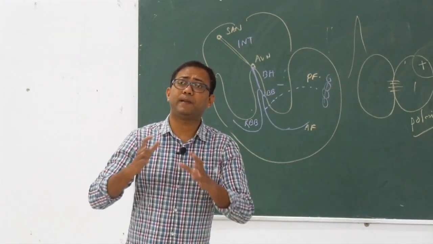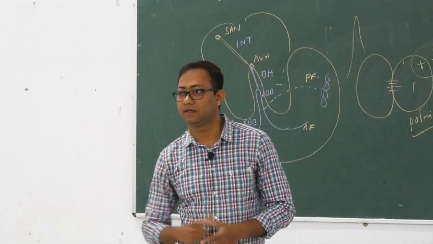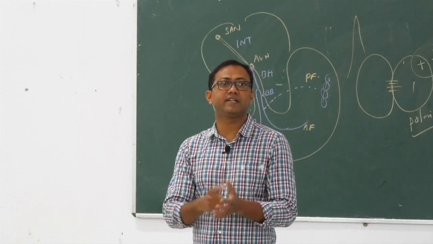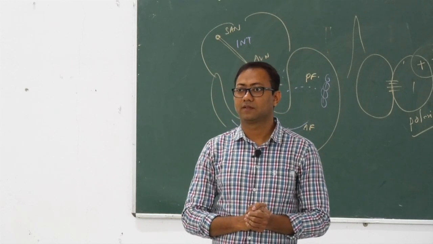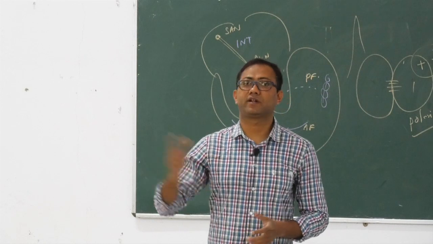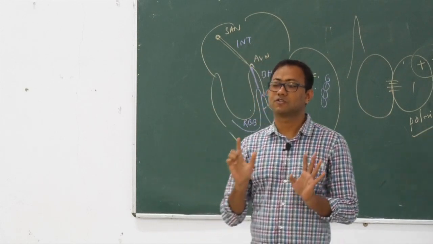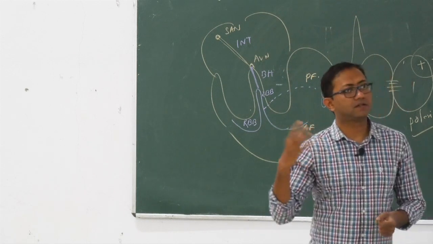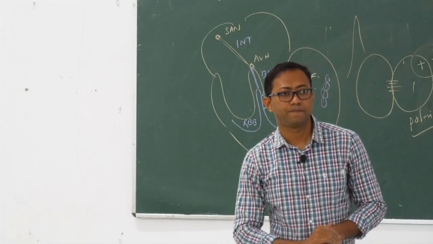Because they have plenty of gap junctions. Compared to normal myocardial cells, the conducting tissues have many more, so they can transmit the action potential faster. Clear? This is the purpose of the conducting tissues. You will face short notes on conducting tissues of the heart.